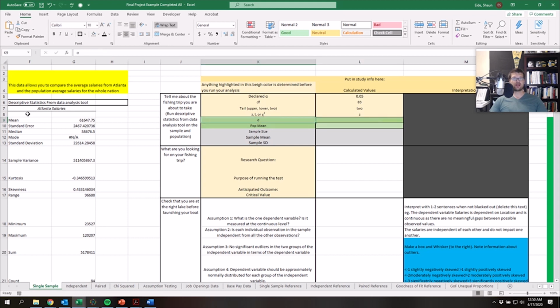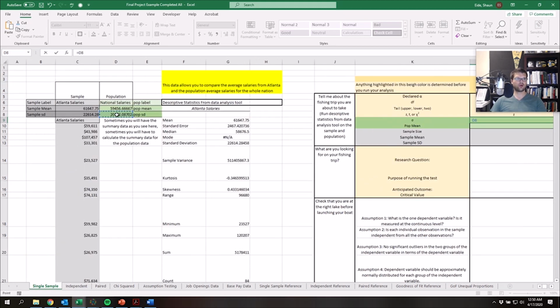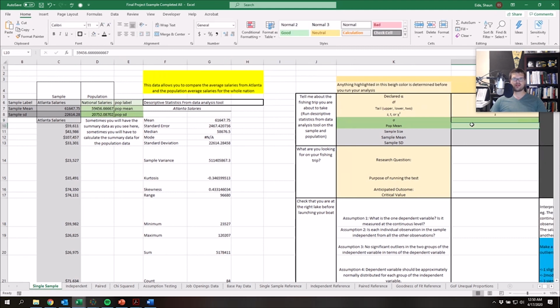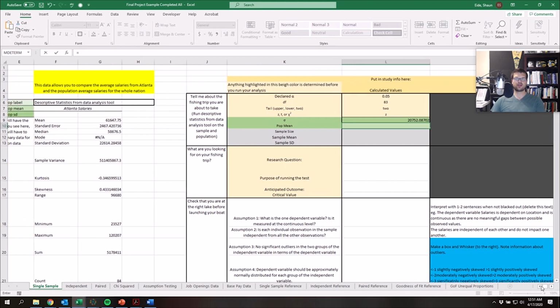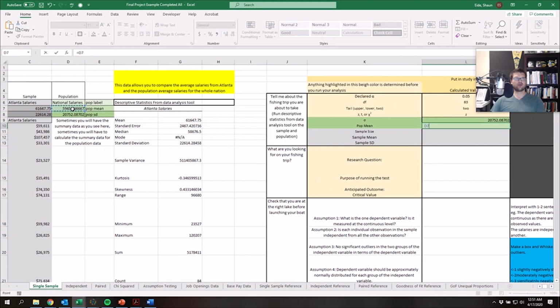And what is the population standard deviation? Well, I'm just going to do equals, and then I'm going to come over here and put, okay, give me that. So it gives me the population standard deviation, and then the population mean, tab, control Z. Let's give me the population mean. Once again, just press equals, come over here, and give me the population mean, or type it in, either way.